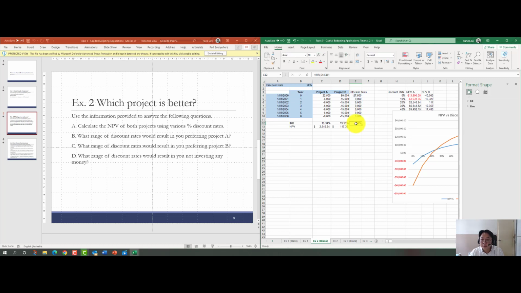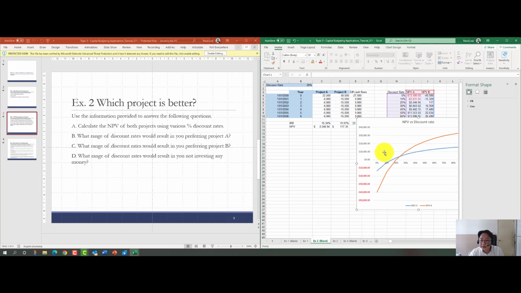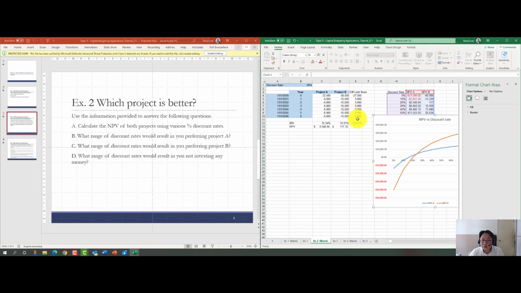Okay, so what we actually find over here is that this is where they intersect: 23.51% when we look at differential cash flows. Okay, so if the discount rate is 20%, you still invest in project A, and that corresponds to here because A is higher than B. Okay, at 23.51, that would change. You would prefer to invest in B rather than A.